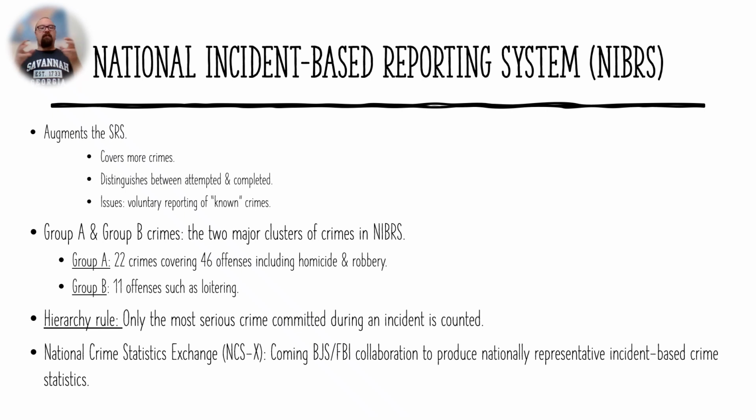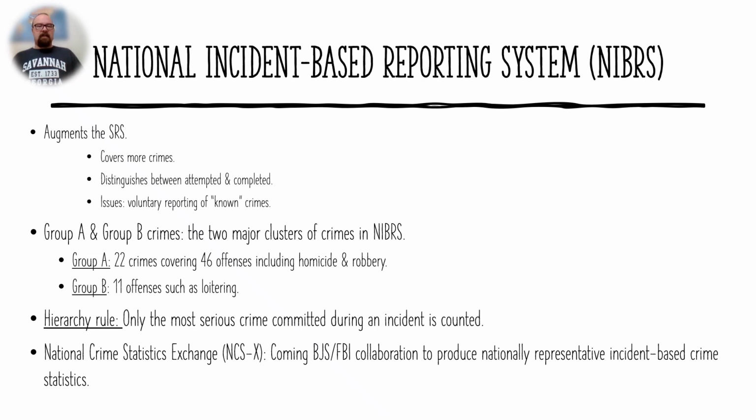So it is very focused on the incident details. Remember, it classifies into two categories as well, Group A and Group B. Group A are 22 crimes covering 46 offenses, including homicide and robbery. And Group B are 11 offenses that are lesser severe offenses, such as loitering.